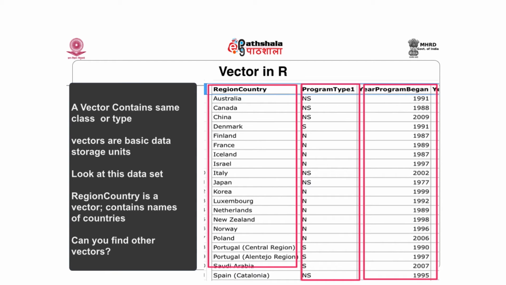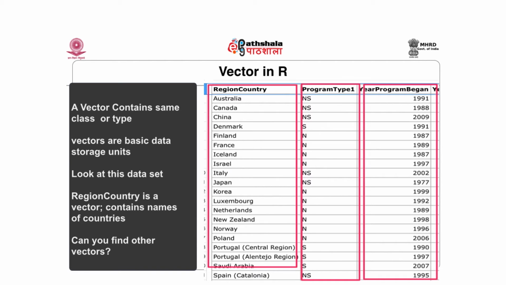Let's continue to learn about vectors. Vectors contain the same type of information. So vectors are very basic data storage units. Almost everything in R starts with a vector. Therefore, to reinforce once more this piece of the lesson, each column in this data frame is a vector, as each column contains a variable, and the variable contains only one type of information.